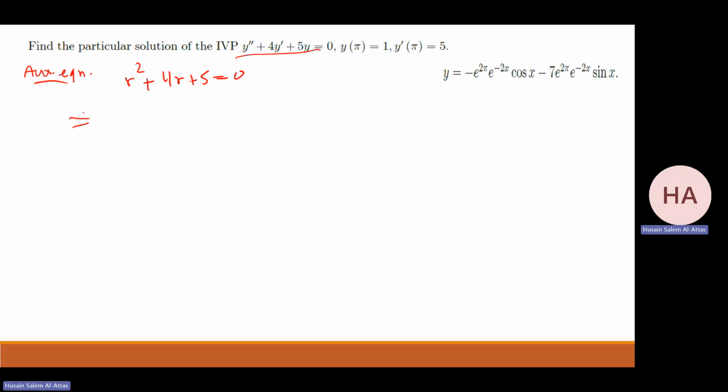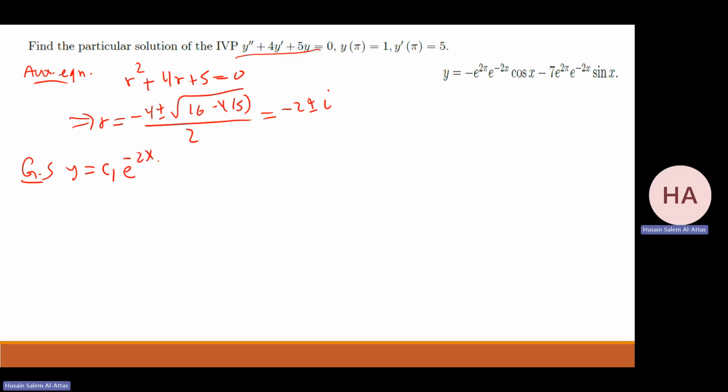Very clear, I need to do the quadratic formula: minus 4 plus or minus the square root of 16 minus 4 times 5, over 2. That will be minus 2 plus or minus i. So my general solution is y equals C1 e to the minus 2x cosine x plus C2 e to the minus 2x sine x.